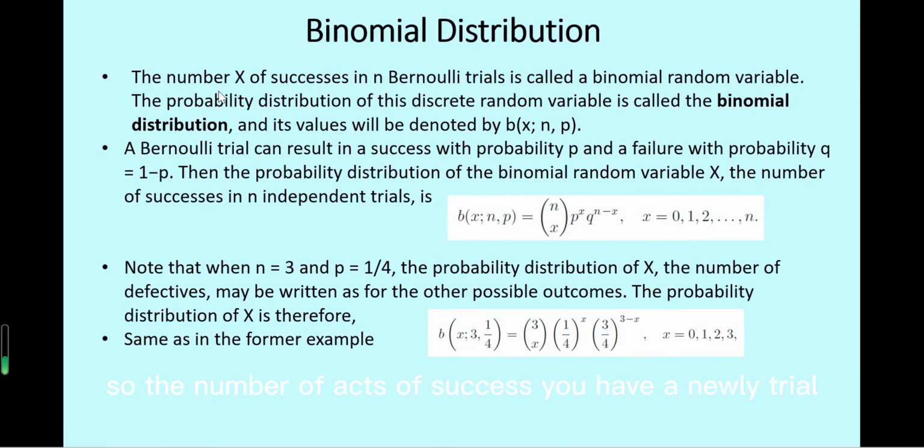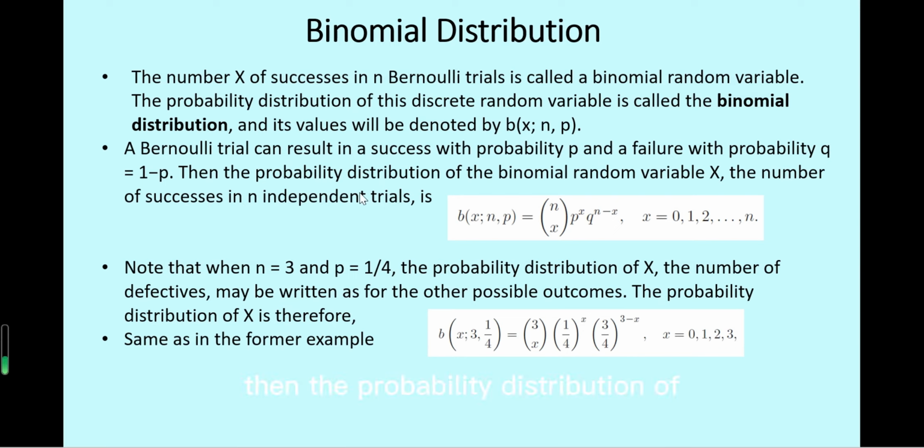So the number X of successes in Bernoulli trials is called a binomial random variable. And the probability distribution of this discrete random variable is called the binomial distribution, and its values will be denoted by b(x; n, p). The Bernoulli trial can result in a success with probability p and a failure with probability q, where q equals 1 minus p.